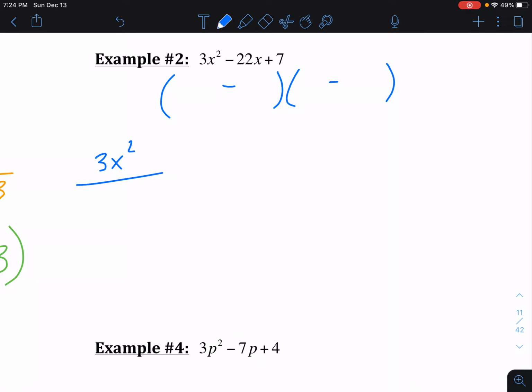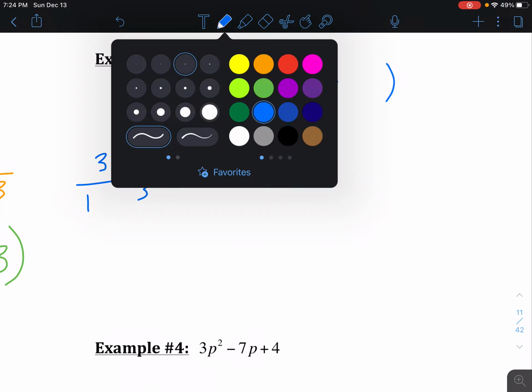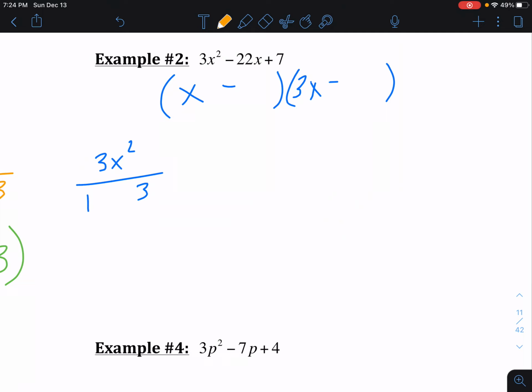So how can 3 be broken up? Well, only 1 and 3. So we're going to call this 1x and 3x. Now I'm going to pull the 7 to the side. The C term gets pulled to the side. So your order can be 1 and then 7, or 7 and then 1. So we're going to guess. Let's go with 1 and 7 and see if that works out.